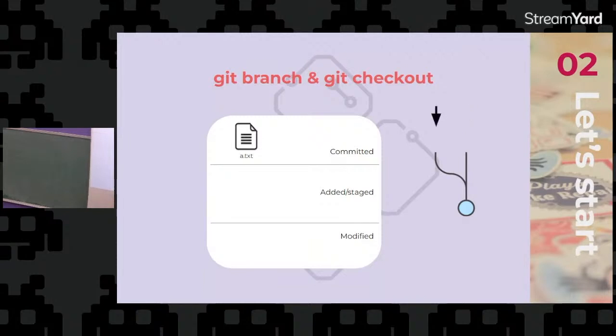So we will run git checkout with the name of the branch in order to go there. Then let's say we add b.txt, and it will be in the modified state. I will add it and commit, and we will have another version of the program.